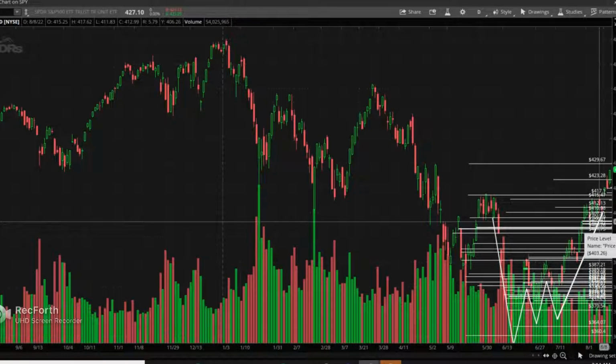These levels, I have them charted on here. I have a previous video where I charted SPY and showed you how I charted the key levels. You can go back and watch that video so that you can understand what these key levels are that I have drawn out. I will put the link of that video in the description box of this video.